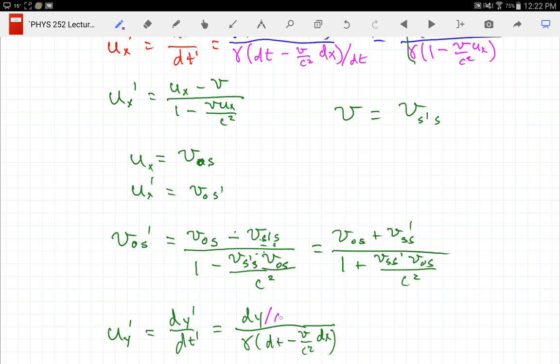The top is dy/dt, which is uy. The bottom, gamma dt/dt is 1 minus v dx/dt, not dy/dt, dx/dt, so that's going to be ux over c squared.